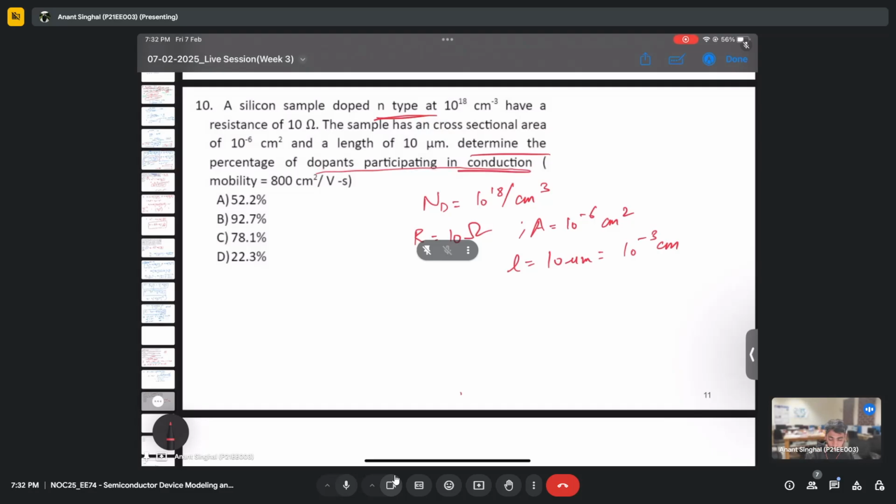So are you able to understand the question? What is it asking? What can participate in conduction?